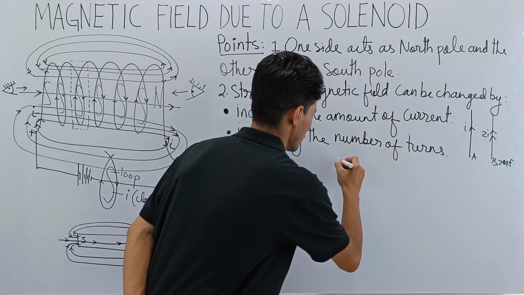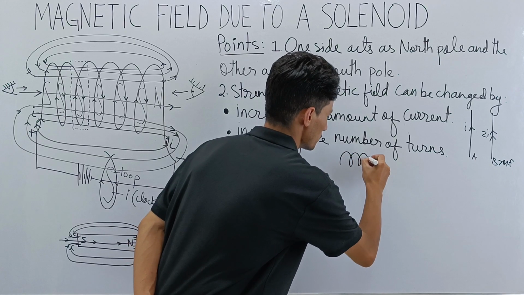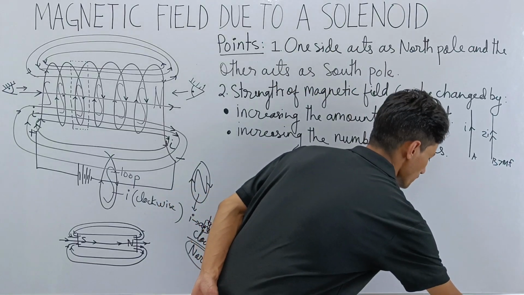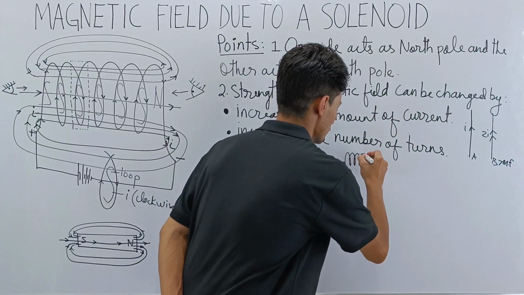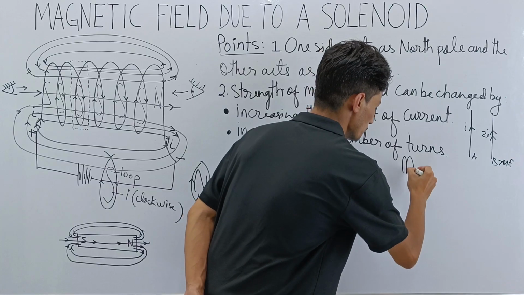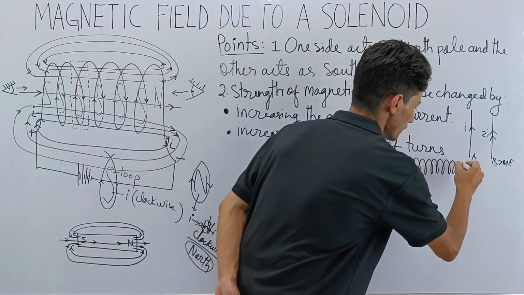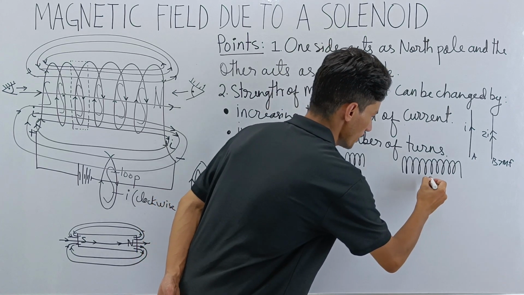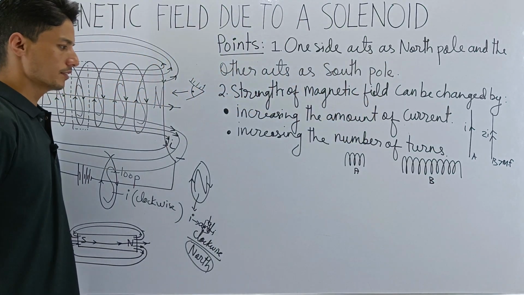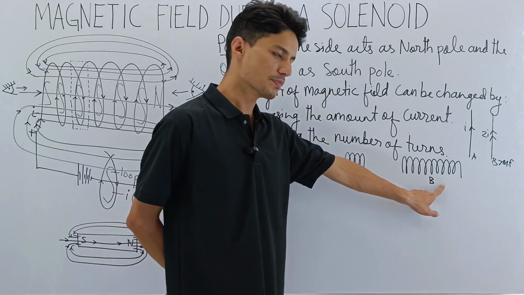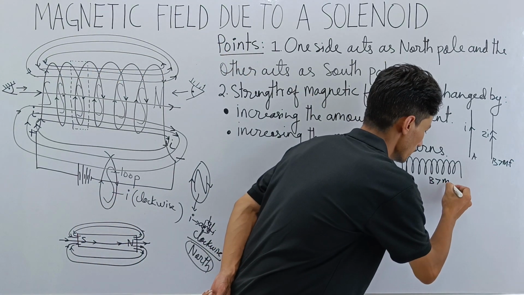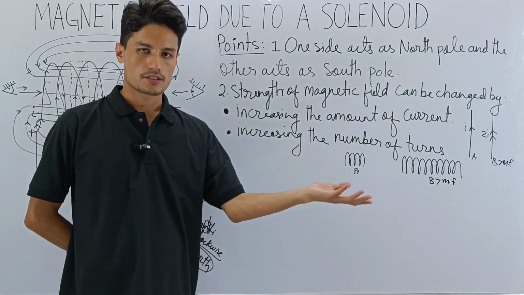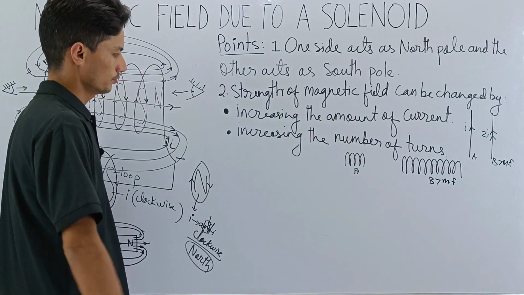For example, if we have 4 turns in loop A, and then we have 10 turns in loop B, who will have more magnetic field? The magnetic field of B will be bigger again. Why? Because it has more turns. More number of turns means greater magnetic field.